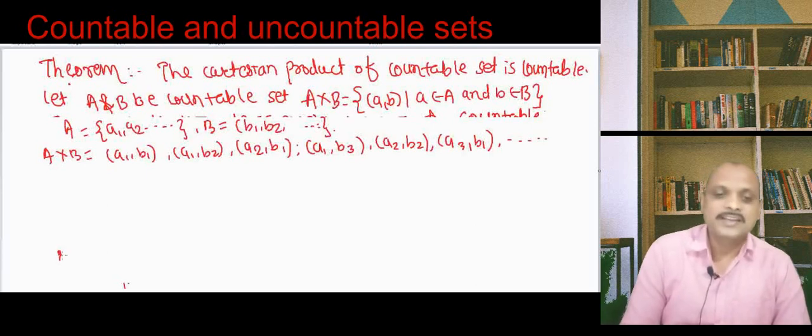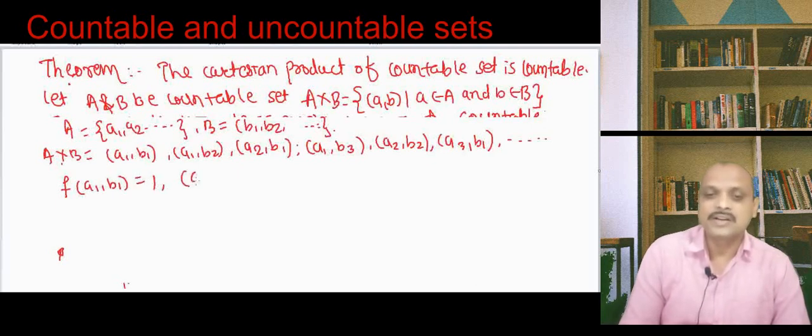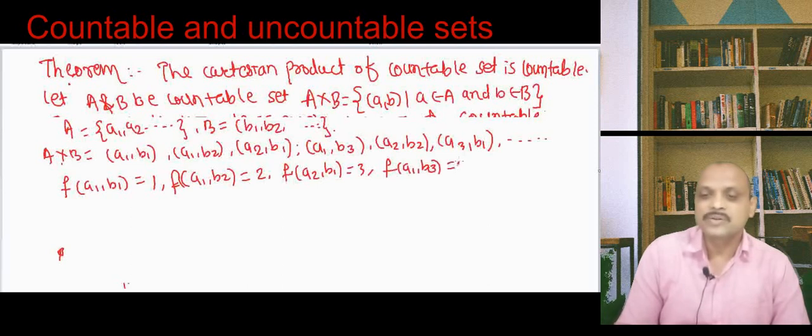And we define the function f such that f of (a1, b1) equals 1, f of (a1, b2) equals 2, f of (a2, b1) equals 3, f of (a1, b3) equals 4, and so on.